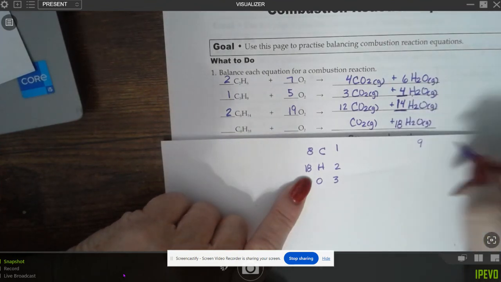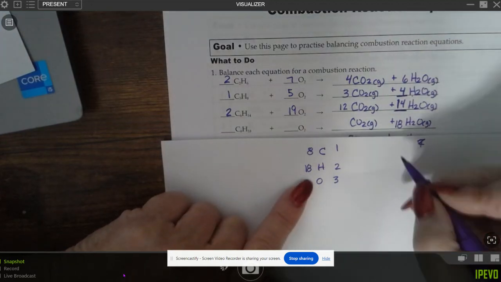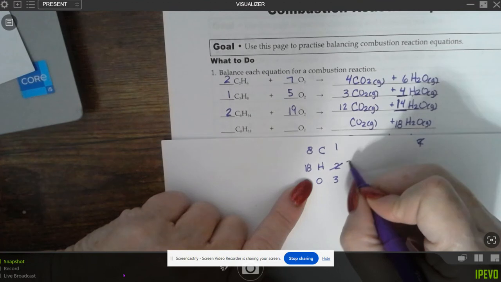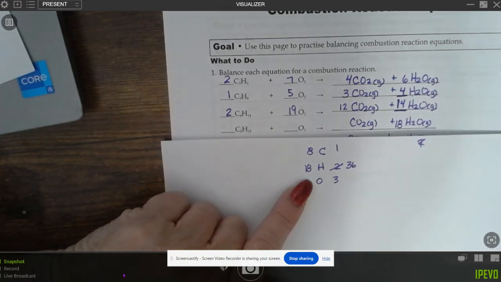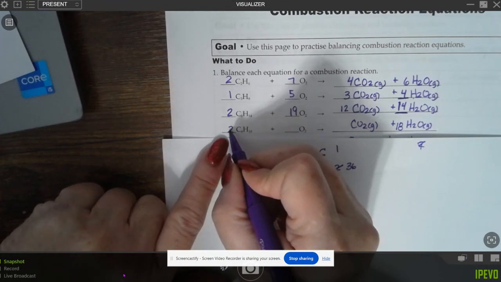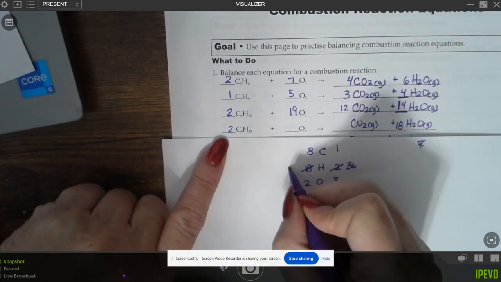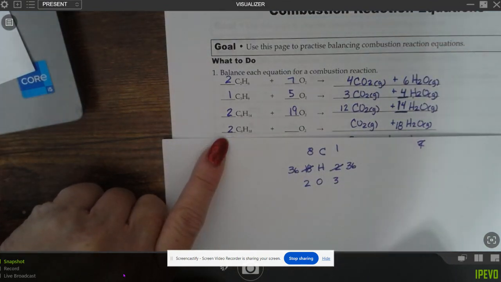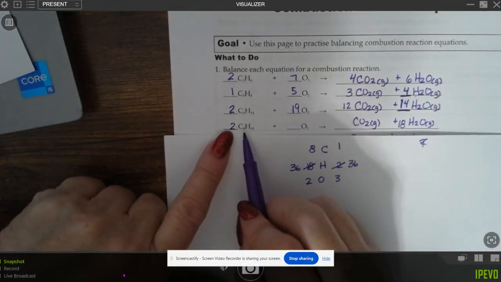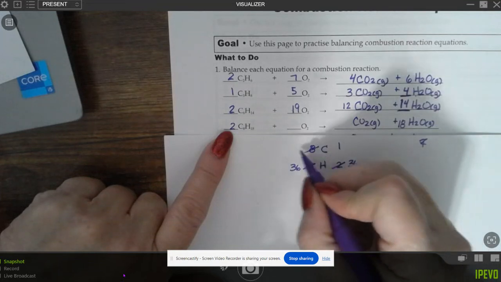So I'm going to write down 18 water. So 18 times 2 is 36. All right. Over here, I'm going to need to put a 2 because 2 times 18 is 36. So now my hydrogen is balanced. 2 times 8 is 16.